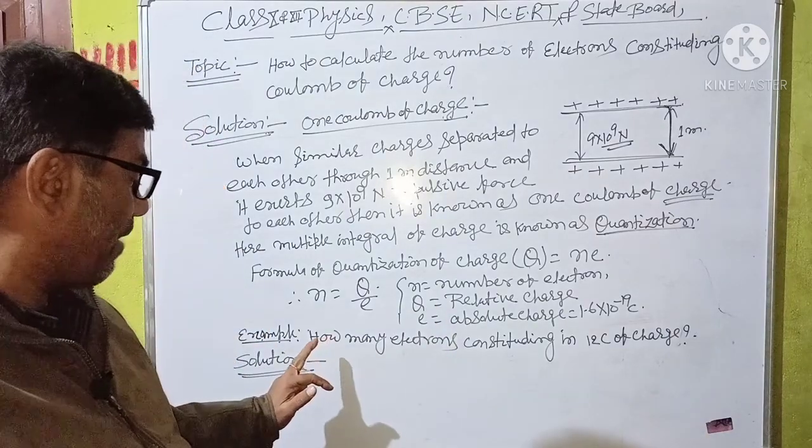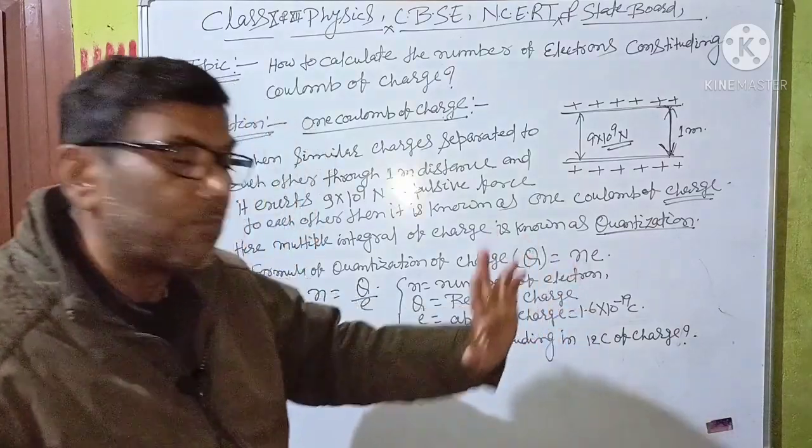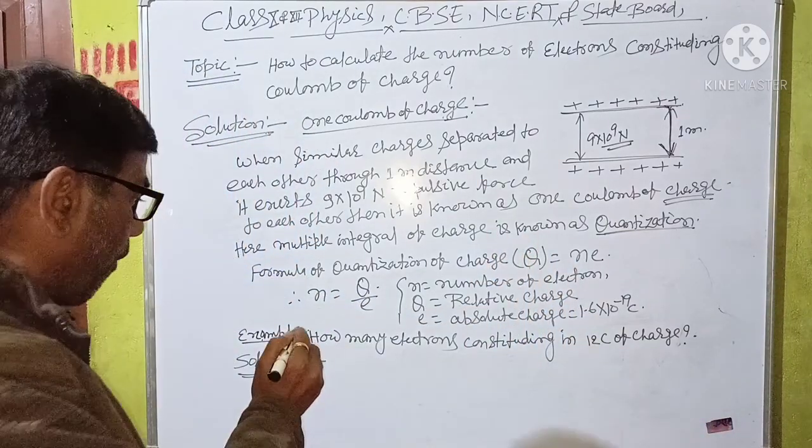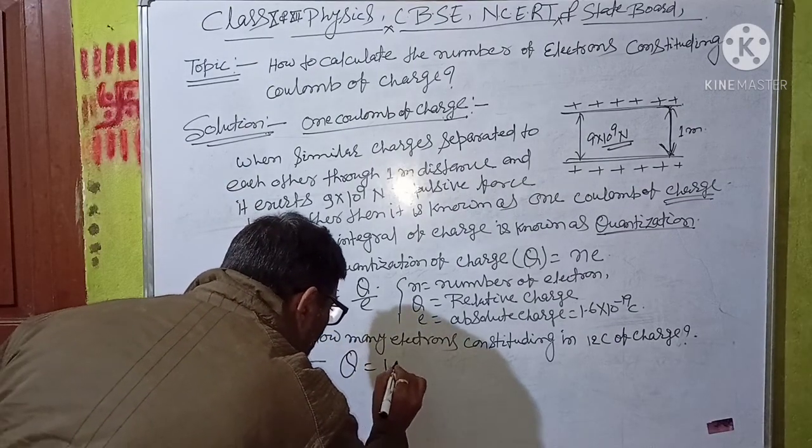For example, how many electrons constitute 12 coulomb of charge? First of all, the relative charge Q is given as 12 coulomb.